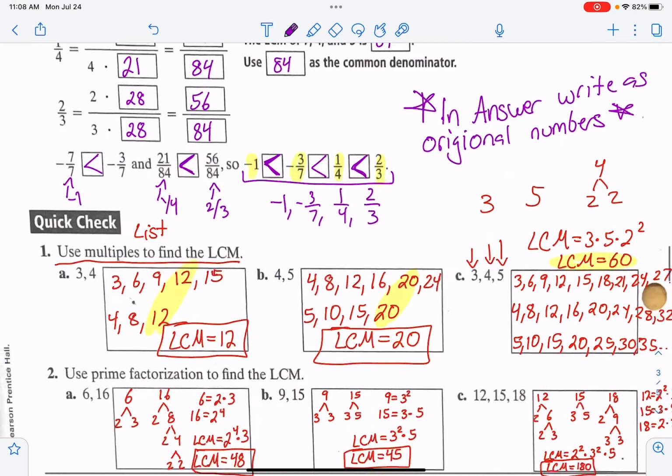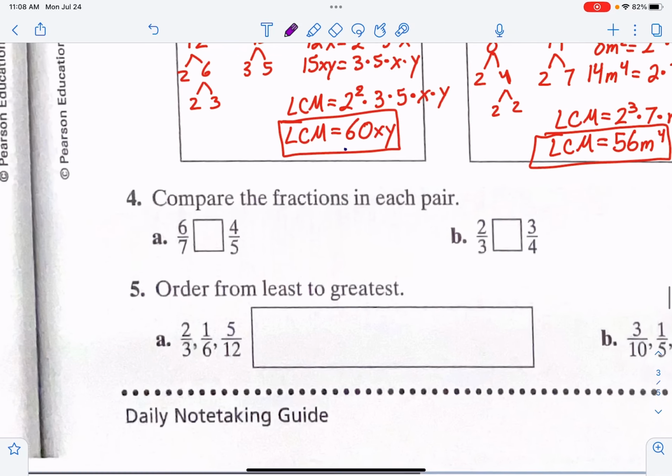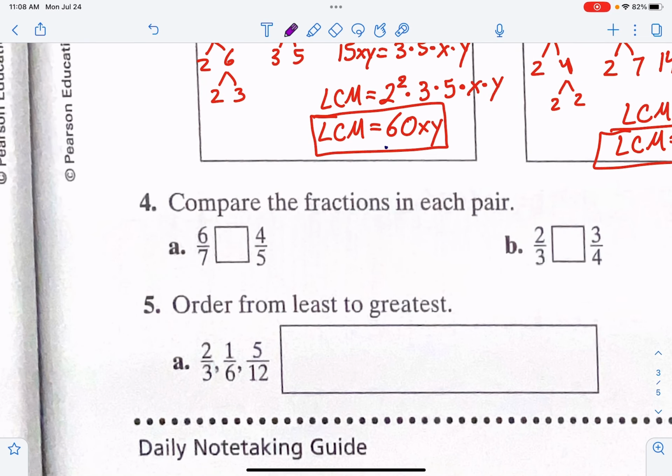Okay, so let's move down to some quick checks. I'll do this first one with you. Compare the fractions in each pair. So we have 6/7 and 4/5. The easiest thing to do is to multiply the top and bottom of this one by 5 and the top and bottom of this one by 7, because then on the bottom you have 5 times 7 and 5 times 7.